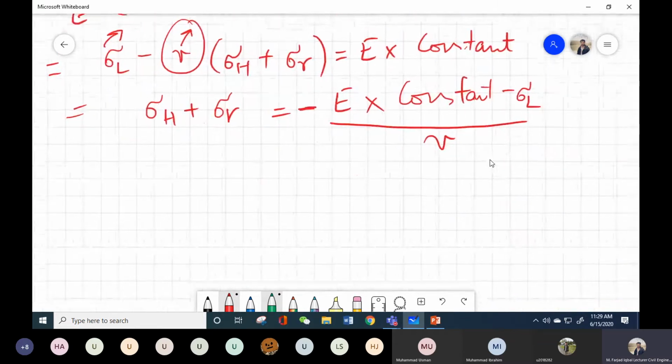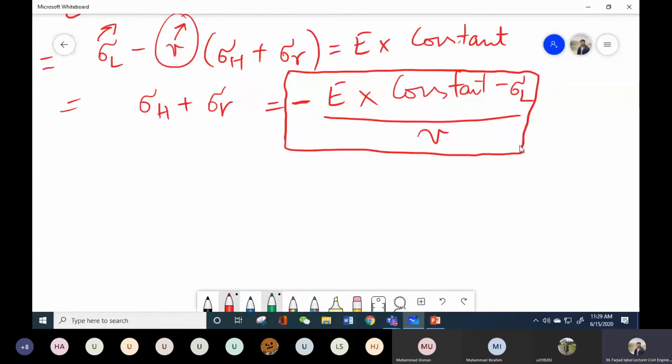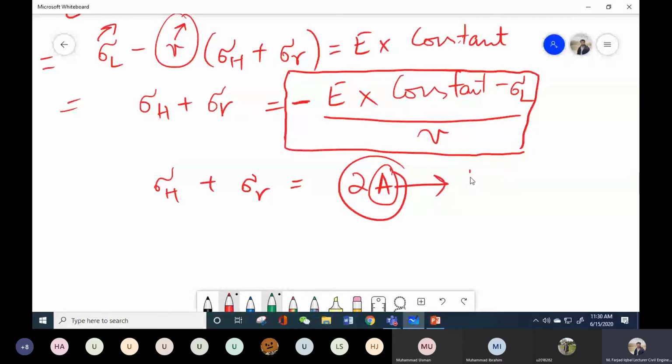So basically Lame told that this whole factor is a constant, right? Because everything in this will have a single value for a particular type of cylinder. So Lame said that this whole factor is equal to 2a. This a is called Lame's constant, as per the name of Gabriel Lame.